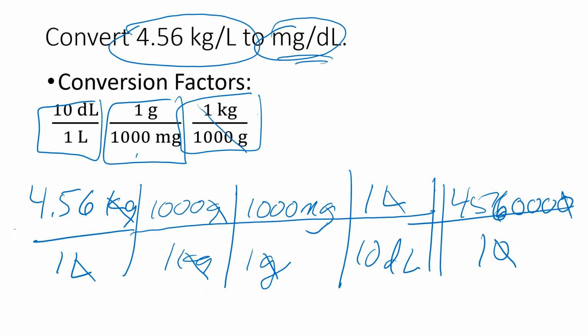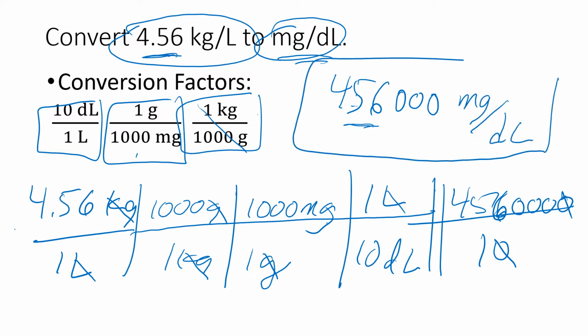I'm left with 456 and then 3 zeros. I see that I have 3 sig figs here. I also have 3 sig figs right here, so I'm good with my sig figs. So it's going to be 456,000 milligrams per deciliter.